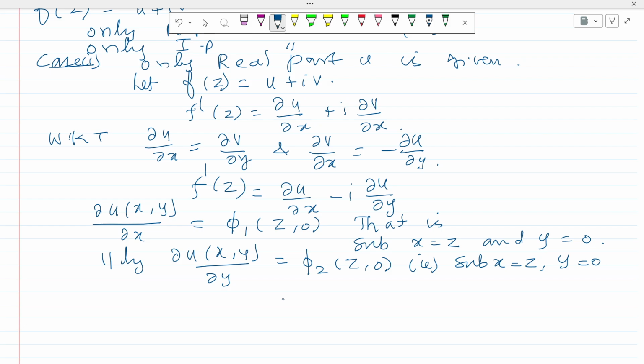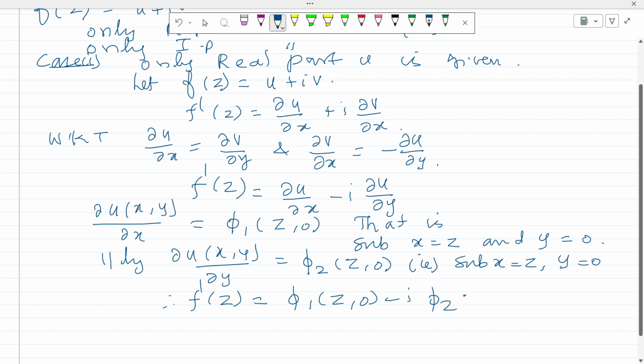Only u is given, you have to find dou u by dou x and dou u by dou y, then substitute x equal to z, y equal to 0. Therefore f dash of z will become phi 1 of z comma 0 minus i into phi 2 of z comma 0.